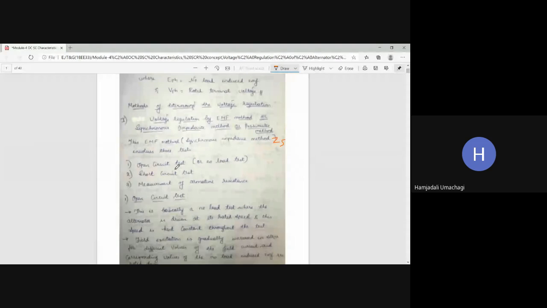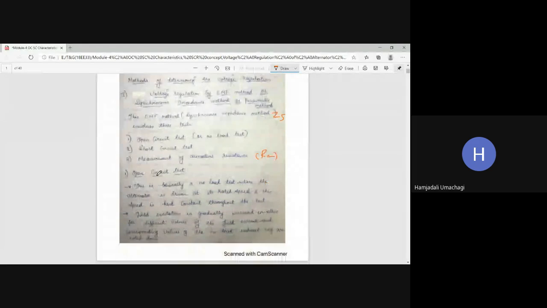Third is measurement of armature resistance, RA. All these 3 tests give us information related to calculating the voltage regulation, so all 3 are important in the EMF method.